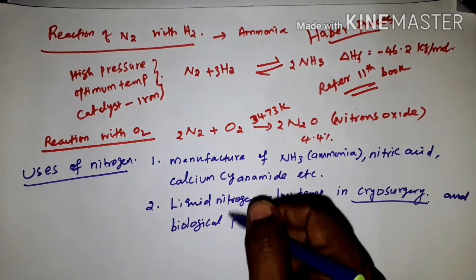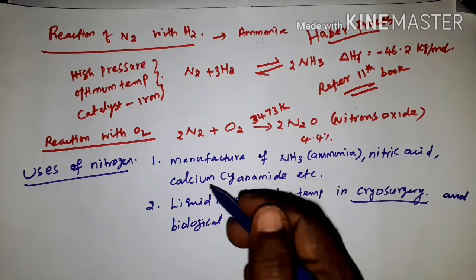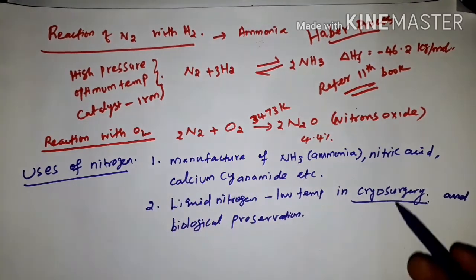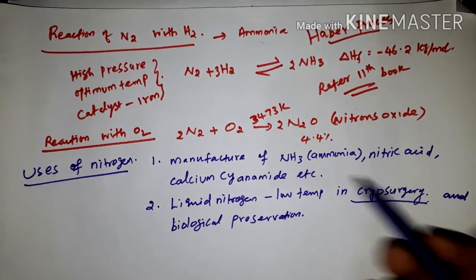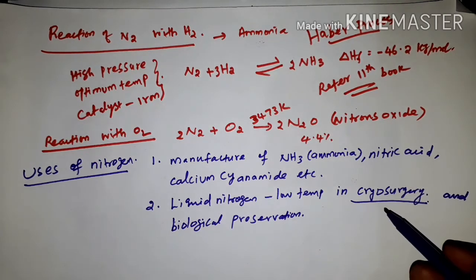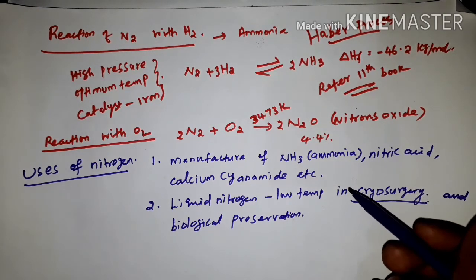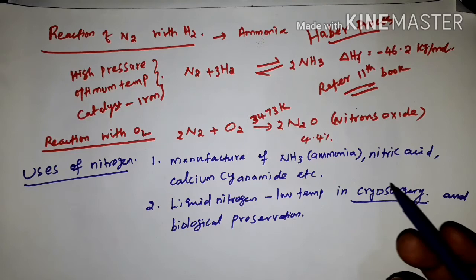These two are the important uses for nitrogen. Regarding how liquid nitrogen is used in cryosurgery, here I attached one video. Just watch the video, you can understand this cryosurgery.